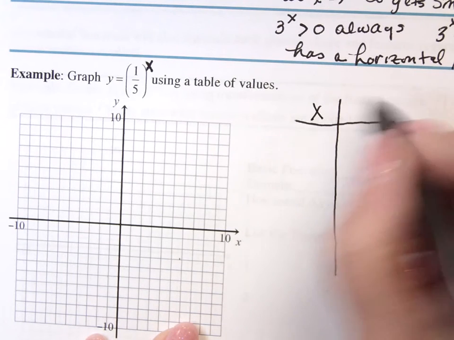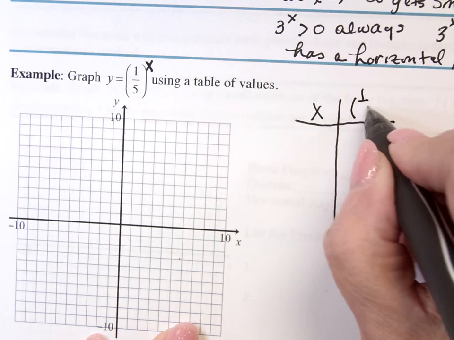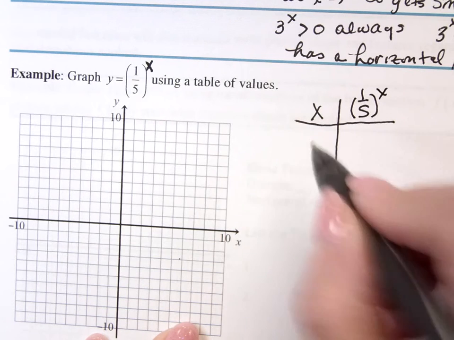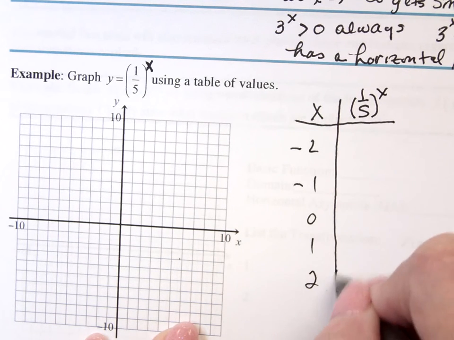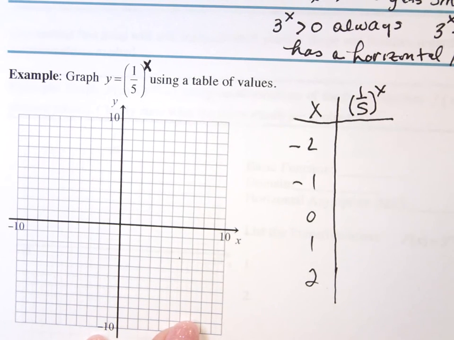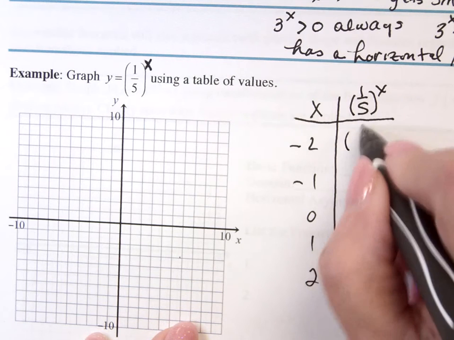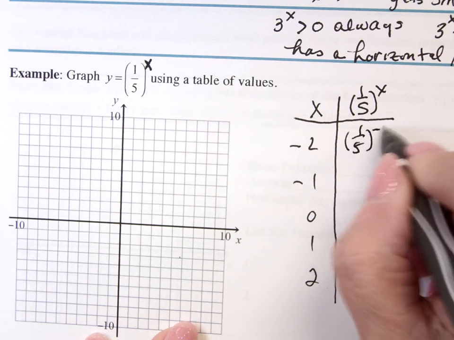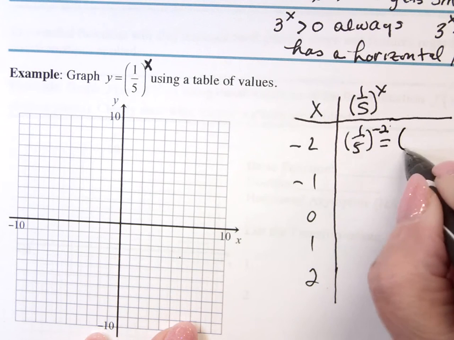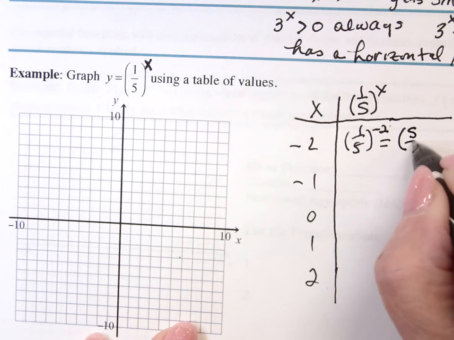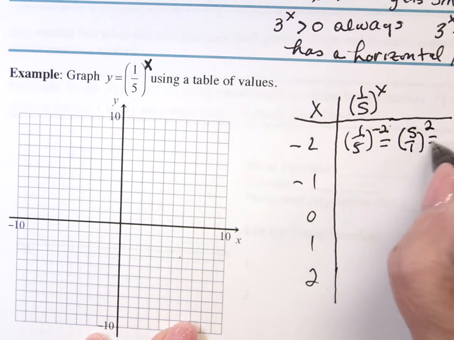This is x. This is going to be 1/5 to the x. So -2, -1, 0, 1, and 2. This is why they did that -1 thingy on you. This would be 1/5 to the -2. This is going to be a flippin' square. So this is a 5/1 squared, which is 25.